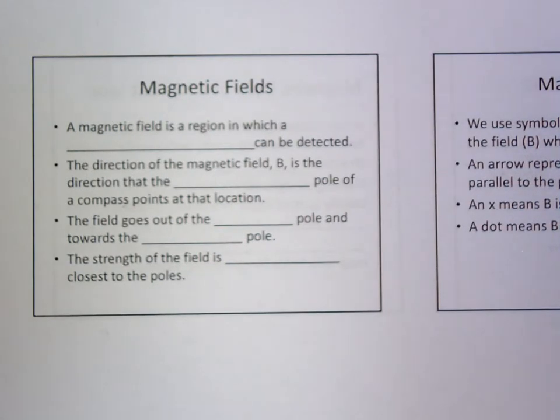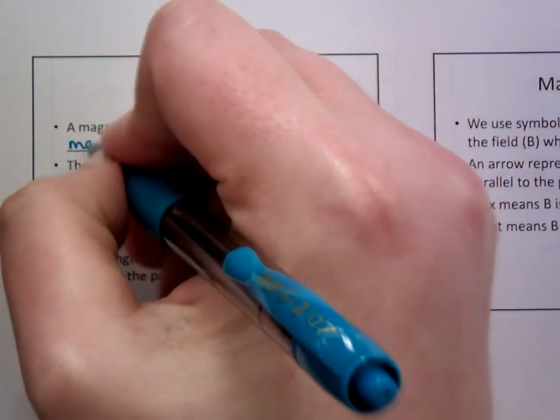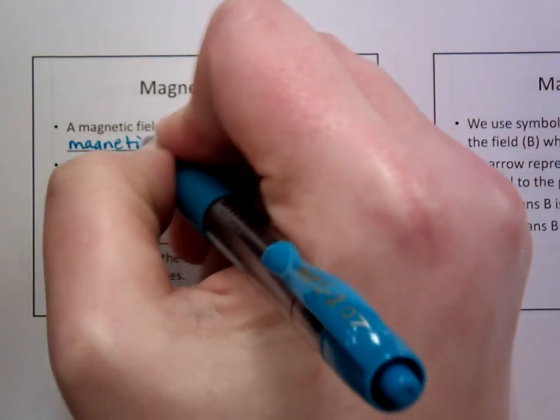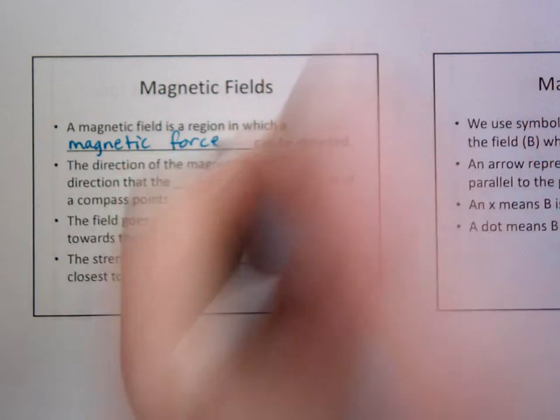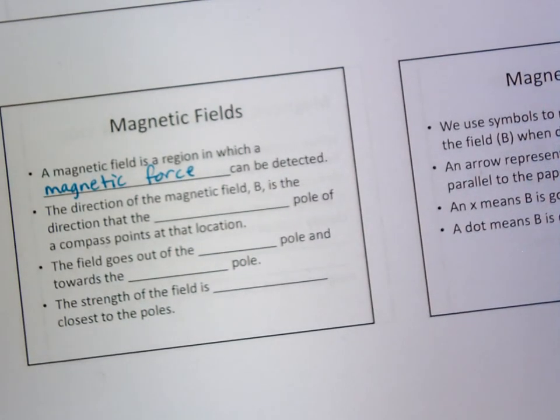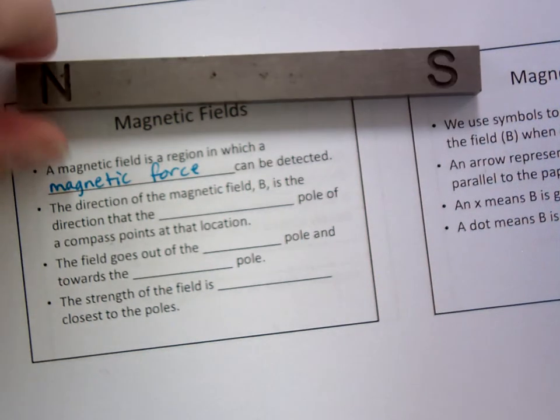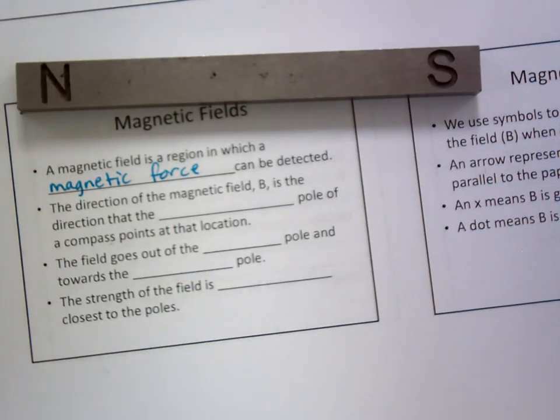Now, a magnetic field is a region in which a magnetic force can be detected. So anytime you have a magnetic object, whether it's an actual magnet or an electromagnet or something like that, there's a field around it where a magnetic force is able to be detected on anything like this paperclip.